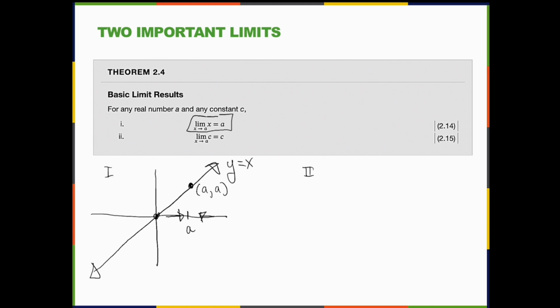Now, that was for rule number 1. For rule number 2, we have the limit as x approaches some value a of the constant function c, and that's going to be c. If we look at our constant function, y equals c, it could be 5, it could be 7, whatever that constant value is for c.